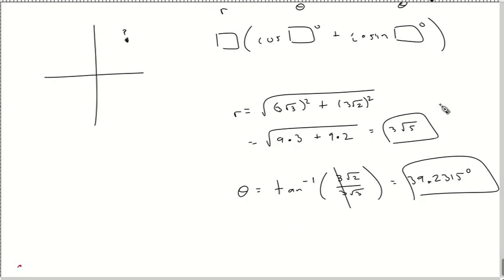You know what my math is probably going to do? Just a guess. They'll say, find the exact value of this, but not this one. Just go ahead and round to like 1 decimal place. Anyways, so you put this 3 square root 5 here, and you put the 39.2 and the 39.2 right here. So nice that they gave us boxes to fill in.